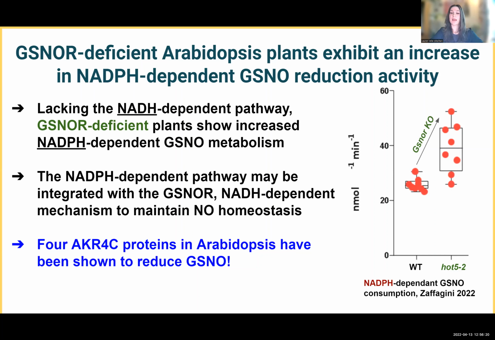And to the right, I have a graph showing that NADPH-dependent GSNO consumption is significantly increased in these hot5-2 GSNOR knockout mutants. In addition, 4 AKR4C proteins, C8, 9, 10, and 11, have been shown to reduce GSNO.